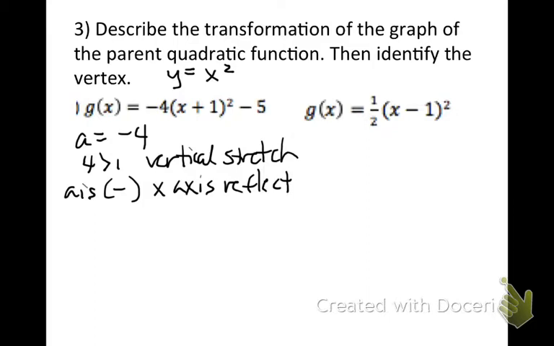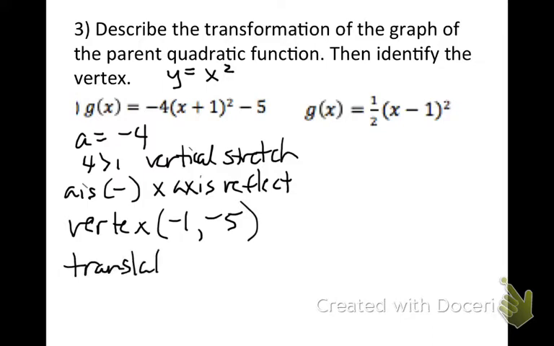And then my vertex is at negative 1, because I look in terms of subtraction, negative 1 is being subtracted, and then negative 5. So that is a translation to the right 1 and down 5.